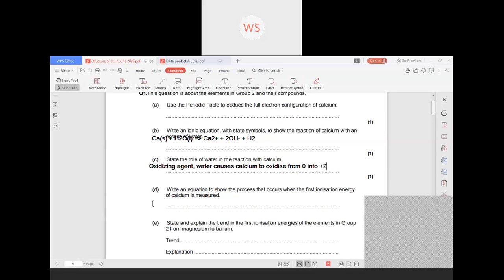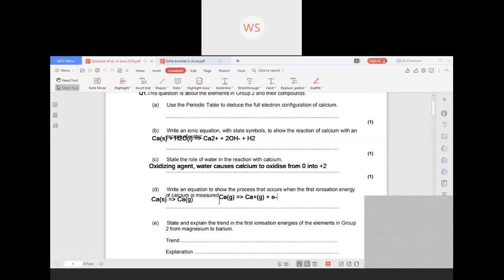Okay, calcium, it is solid, and then it has to become calcium gas, and then the calcium in the gas state has to become calcium positive ion, and then plus an electron minus.